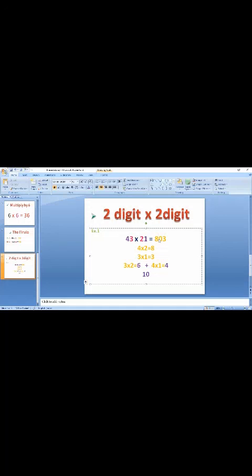So we add 8 plus 1 and we get 9. Then we got the answer as 903. This is our full step. So 43 into 21 is equal to 903.